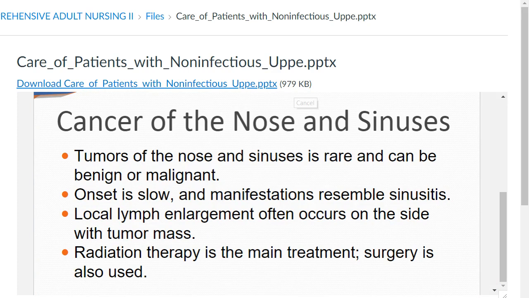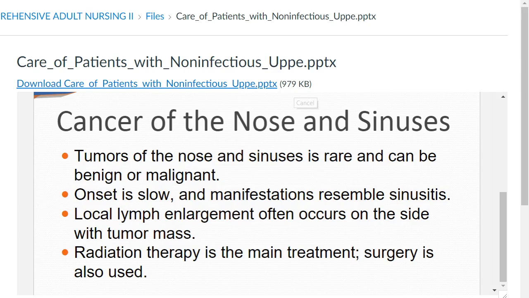All right, now we're going to talk about cancer of the nose and sinuses. With these types of cancers, the important thing to understand is the onset is slow and manifestations resemble sinusitis. So that's why people really do not seek medical attention. The time when they finally go see their healthcare provider is they probably notice some local lymph node enlargement that occurs on the same side that the tumor is at.